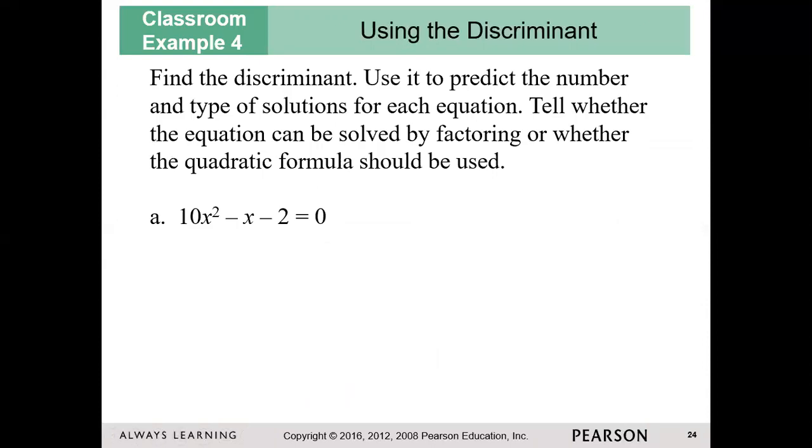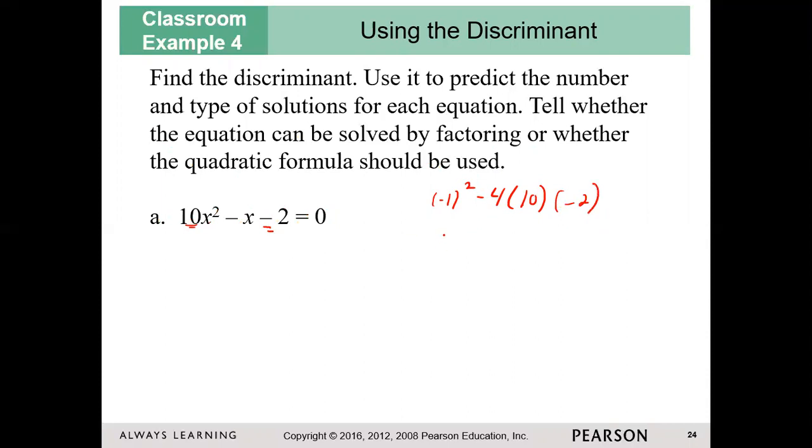Okay. So we are going to find the discriminant here. And essentially, we're not going to solve this. We're just going to figure out whether the equation can be solved by factoring or whether the quadratic formula should be used. So essentially, we are going to take the b squared, so negative 1 squared, minus 4a and c, and we're going to see where that takes us.